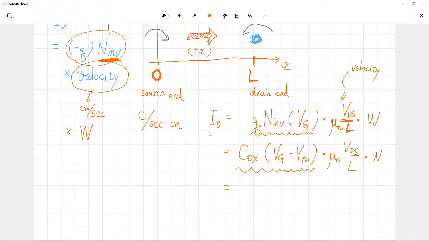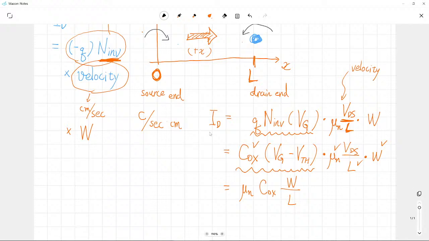So let me collect them all and write it in this way. Mu n, I took it here, Cox, and here we have W and L, so they are shown here, W over L. Then what is the remaining one?